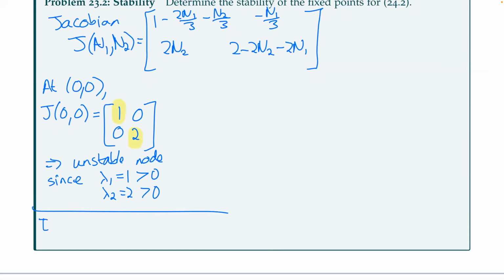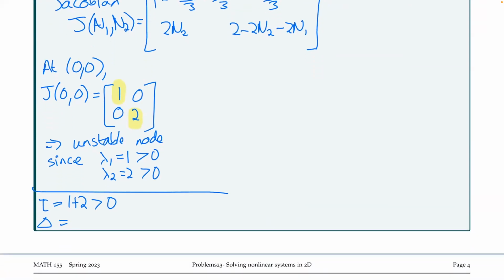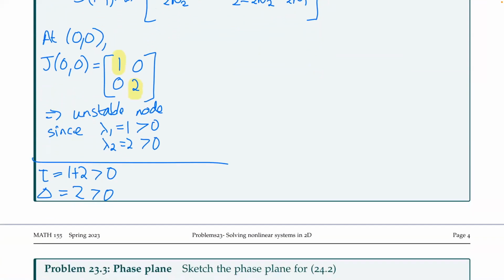If I wanted to work this out by looking at my trace and determinant, I could. My tau, the trace, is going to be 1 plus 2, which is greater than 0. My determinant is going to be 1 times 2 minus 0, so 2, again greater than 0. Tau squared minus 4 delta: we have 3 squared, so 9, minus 4 delta, where delta is 2, so minus 8, it's 1.